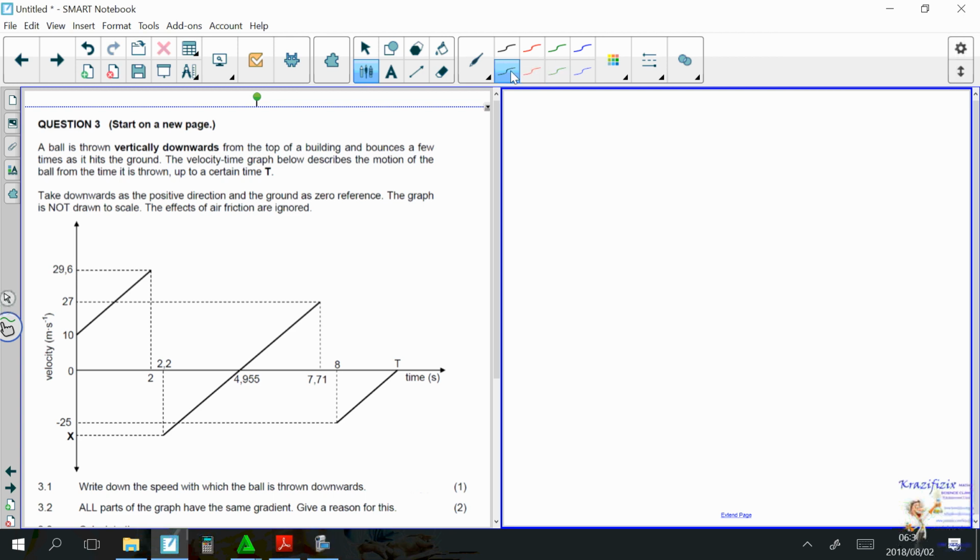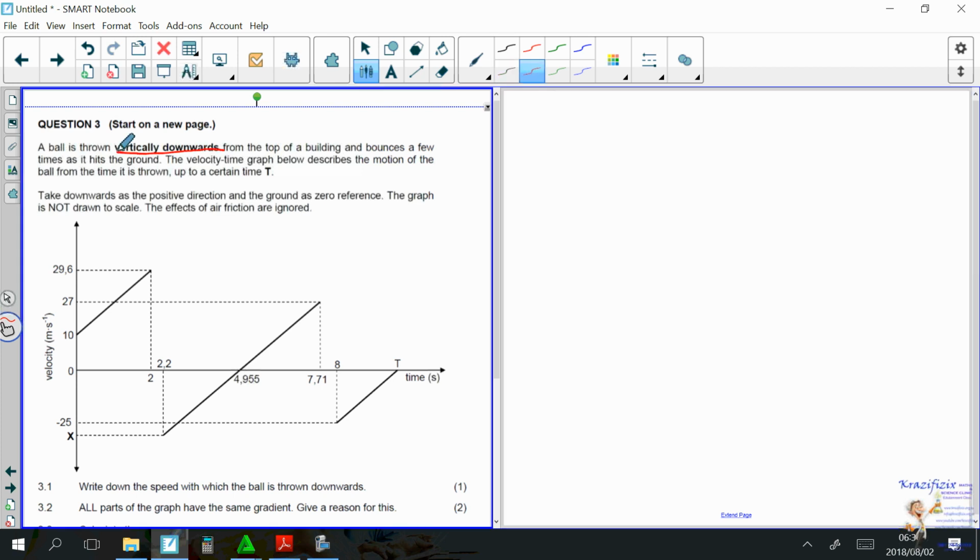Question number 3, vertical. All right, here we're going to do a whole lot of explanation. A ball is thrown vertically downwards from the top of a building. It is thrown, so there's an initial velocity. Here again is a straight line graph. We're going to use our y equals mx plus c.